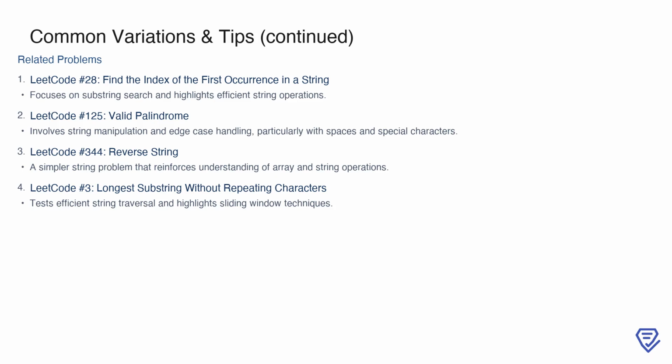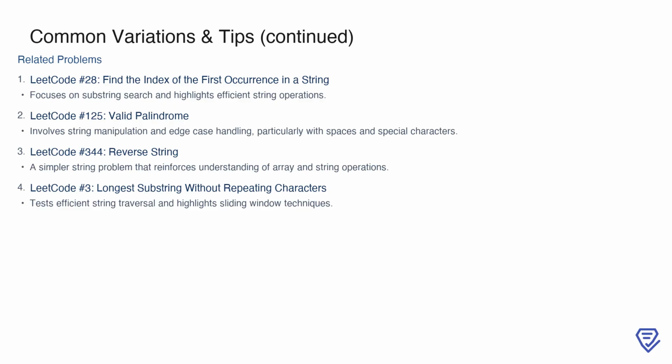This problem also has connections to other LeetCode problems, which can deepen your understanding of string-related concepts. For example, LeetCode number 28, find the index of the first occurrence in a string, focuses on substring search and reinforces efficient string operations. LeetCode number 125, valid palindrome, deals with handling edge cases for spaces and special characters, which is highly relevant here.